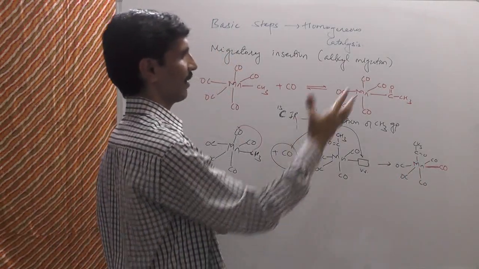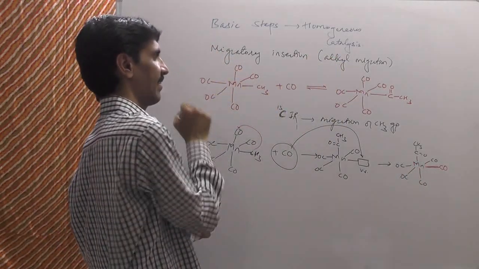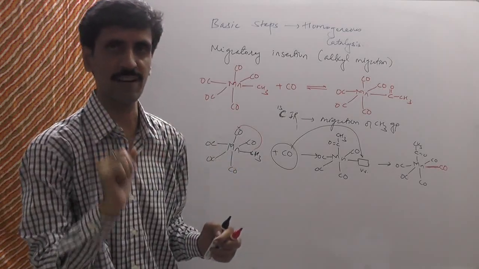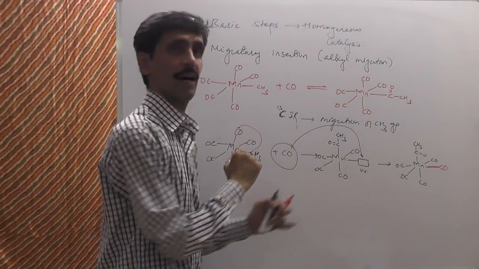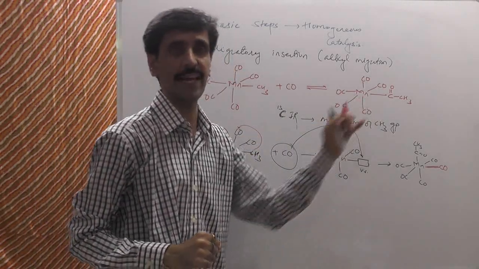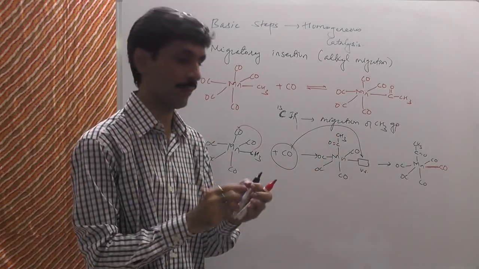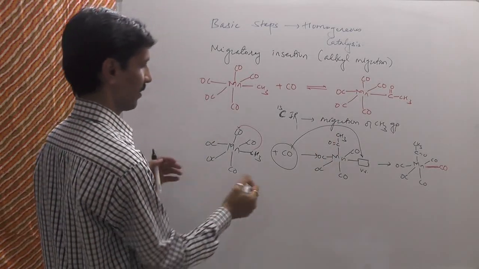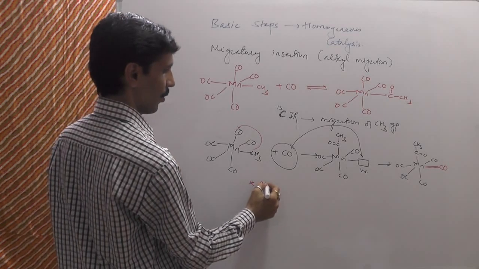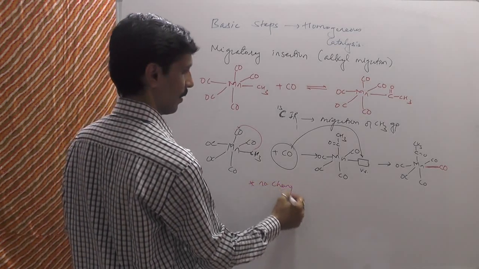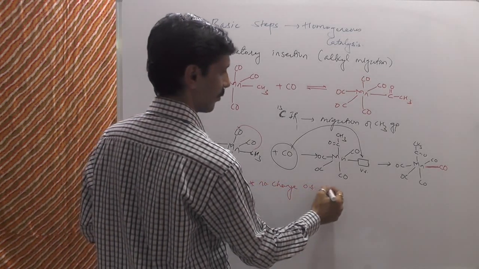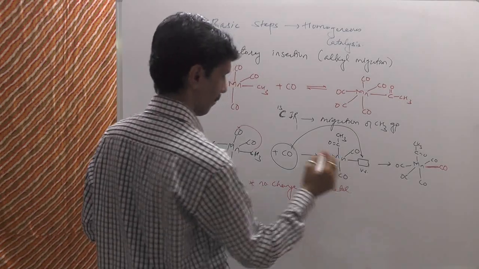Here, like we show that the CO is being directly inserted between Mn and CH3, no, it's not like that. It's via a migration of the methyl group. So the points which have to be kept in mind: the first point is no change in the oxidation state of the metal in a complex.